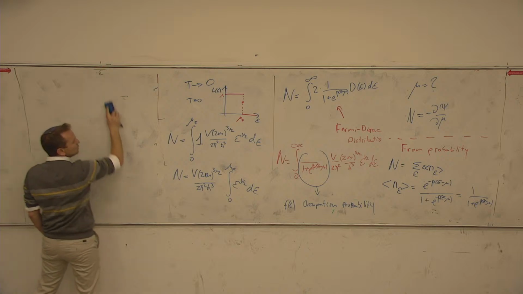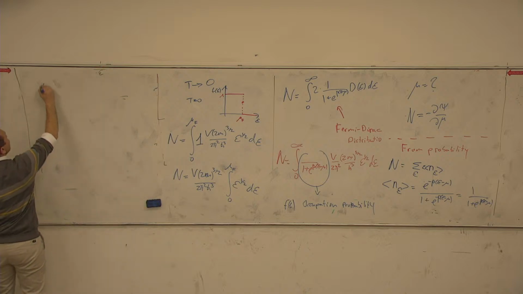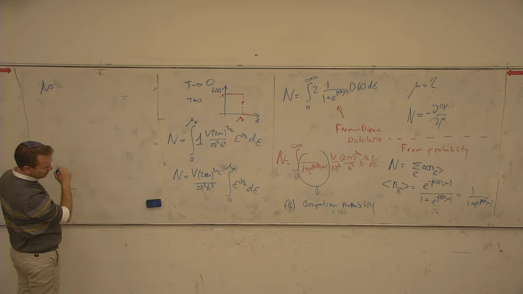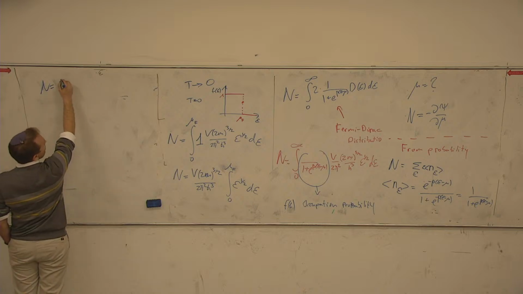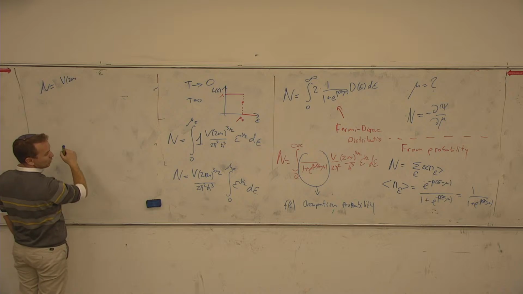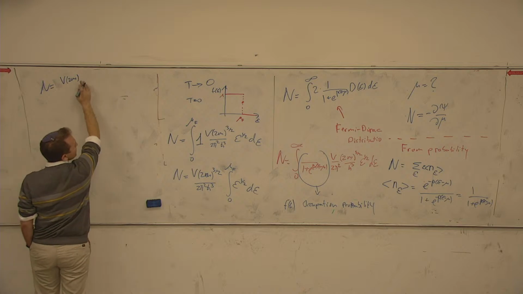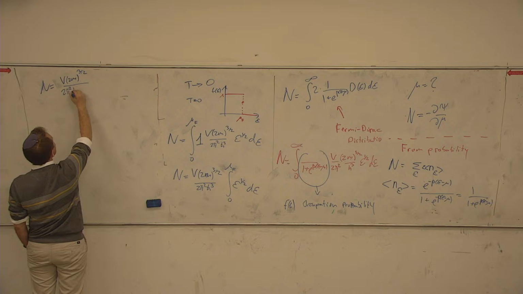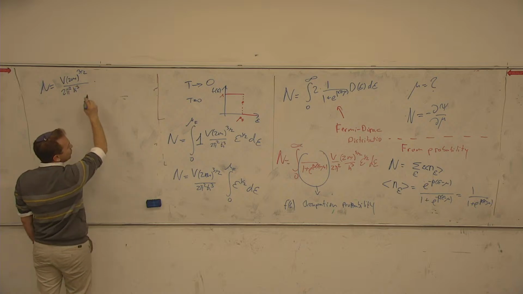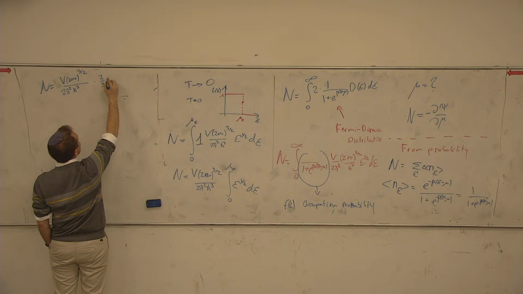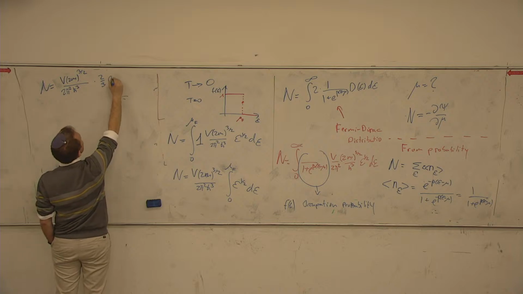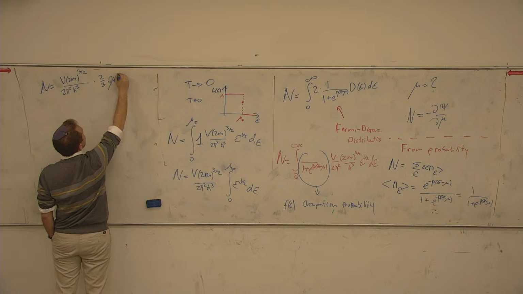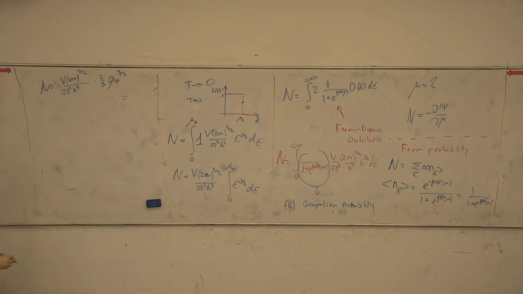The integral equals 2/3. We need to recall the constants, the V (2m)^(3/2) divided by 2 pi squared h bar cubed. And what we have here is 2/3 mu Fermi to the 3/2 power.